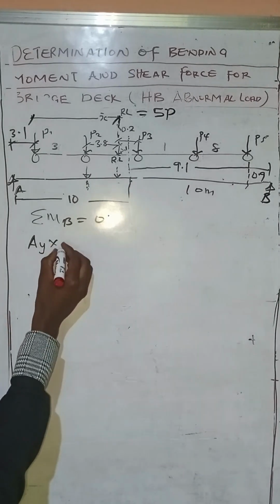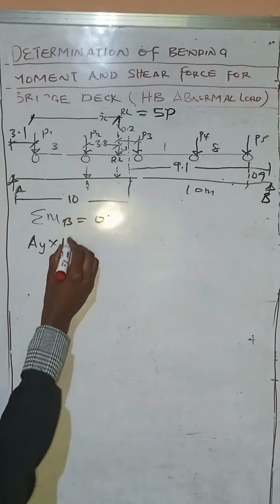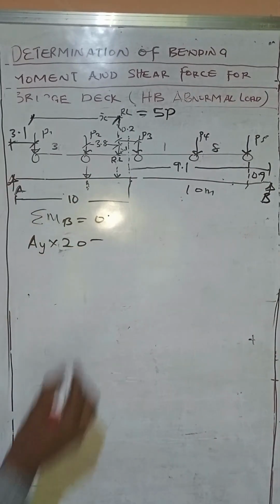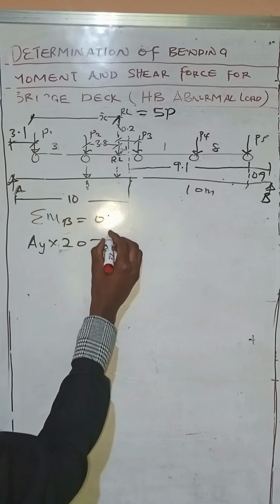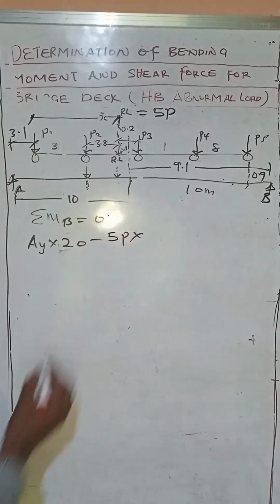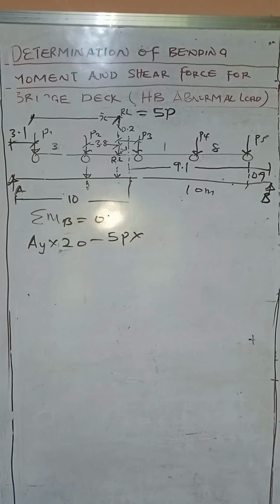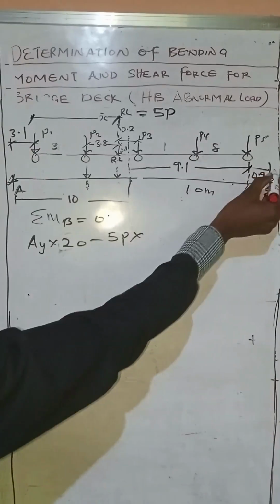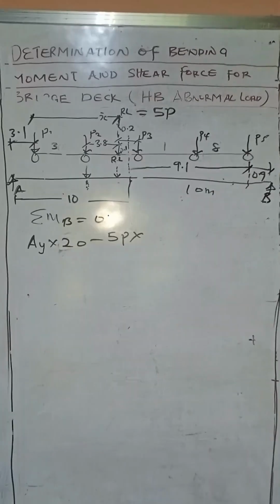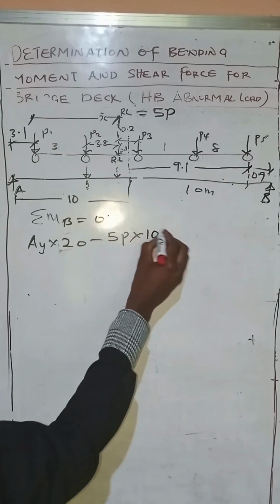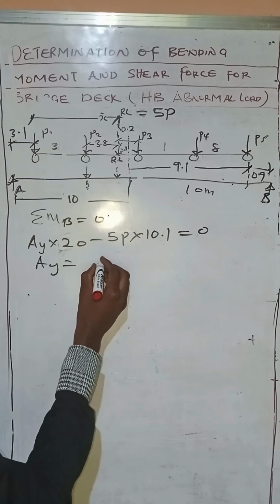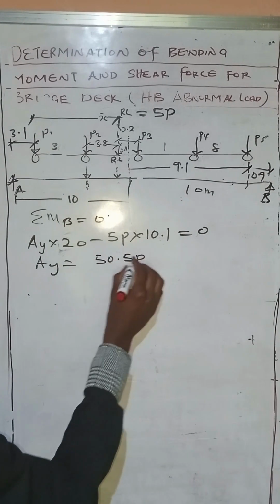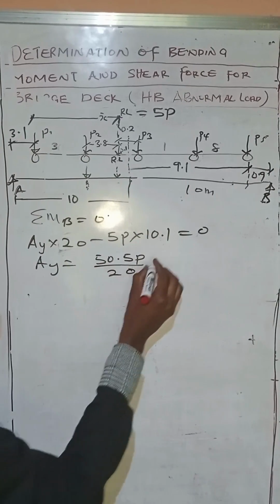So we are saying this times 20 minus 5P times the distance of the resultant force, which is 10.1, equals 0. So AY is 50.5P over 20.